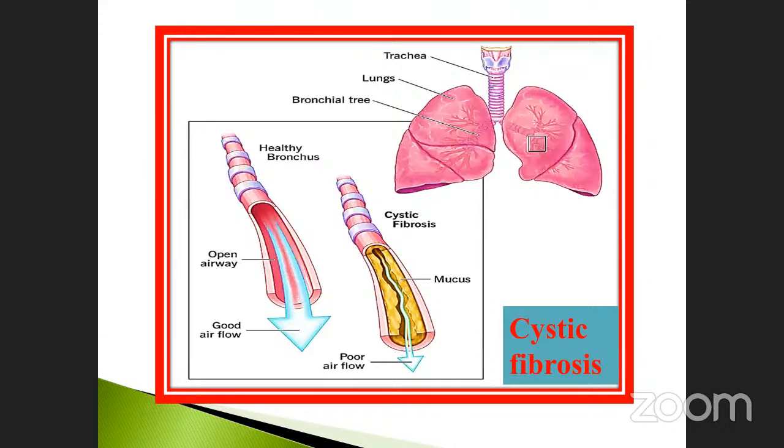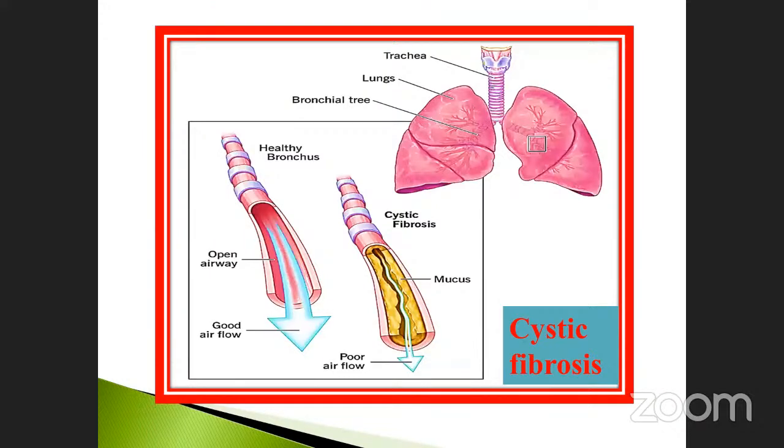Here the width is very large, but here the diameter is reduced due to the mucus deposition. As a result, the airflow will be very low. It occurs in the lungs, and a breathing problem is also created. That condition is called cystic fibrosis.